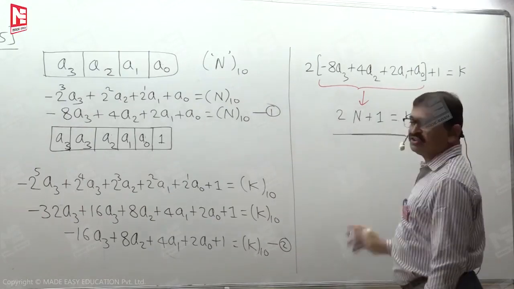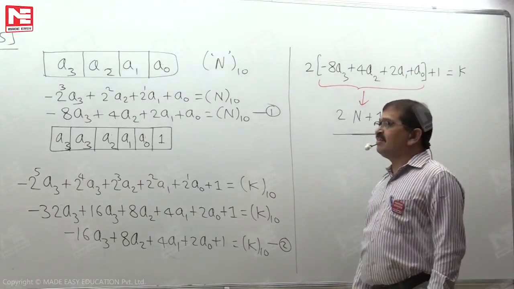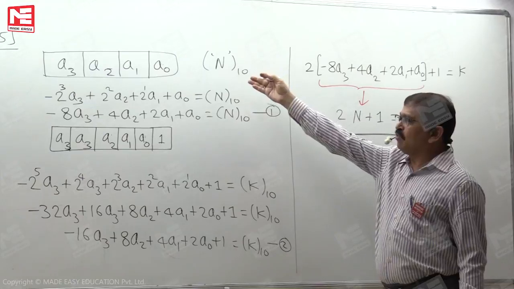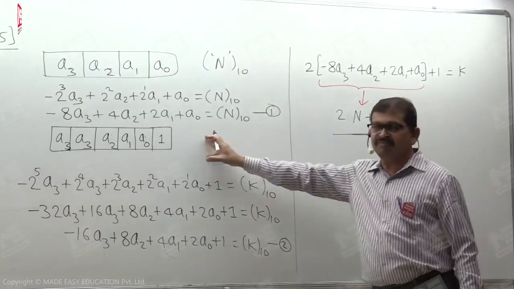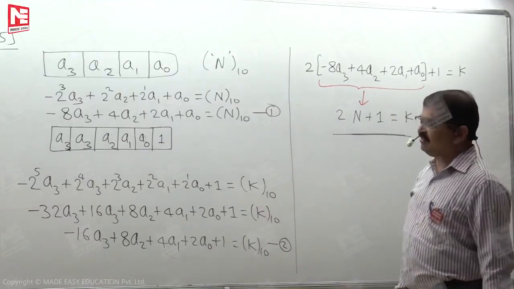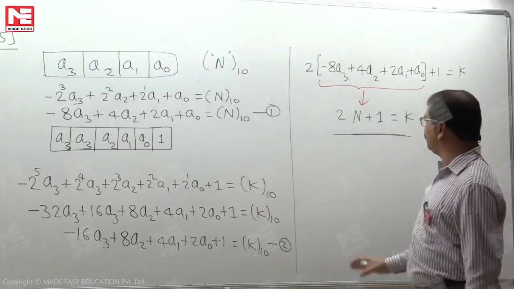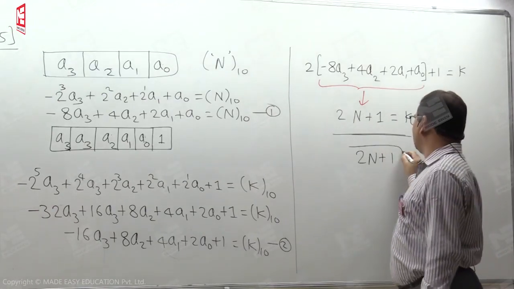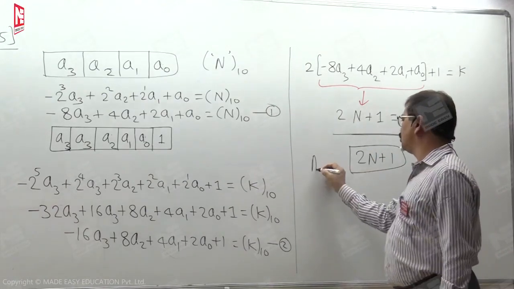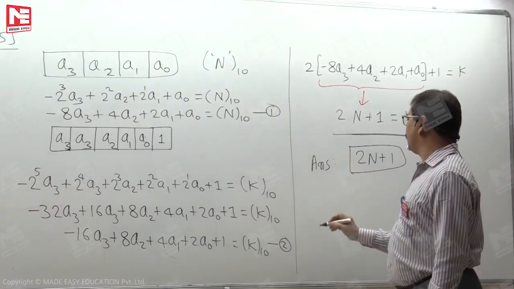So after copying this 4-bit number into the 6-bit register with a few mathematical manipulations, if this is the final result, the relation with the original number n is 2n plus 1. Hence the answer to this question is 2n plus 1.